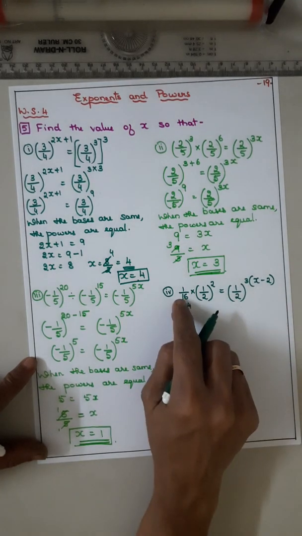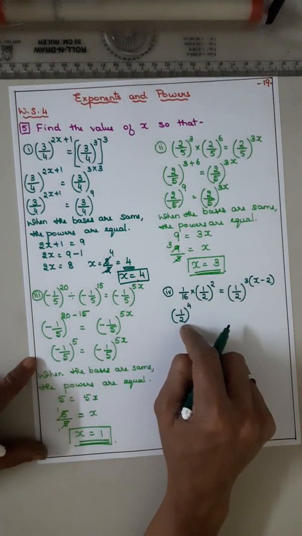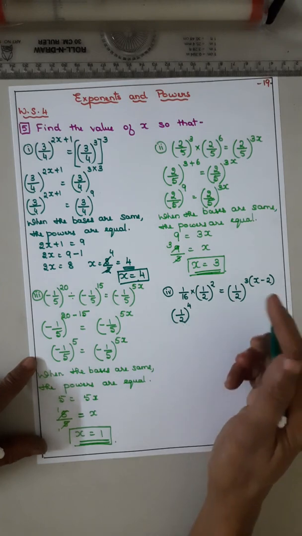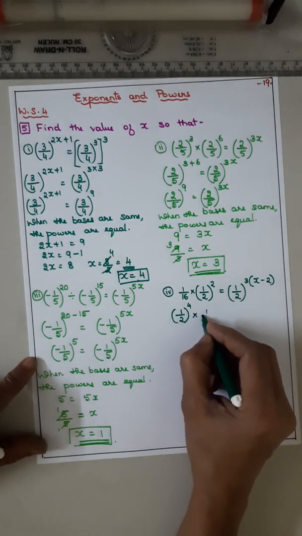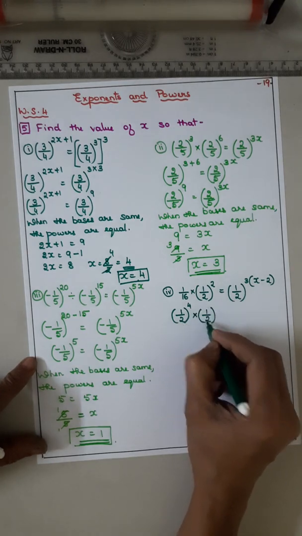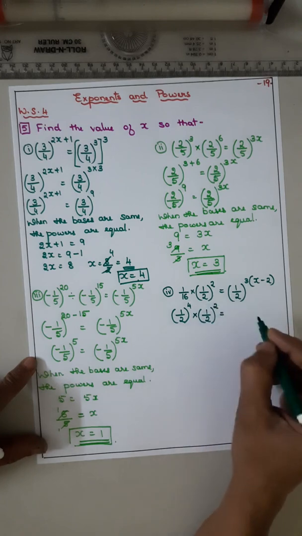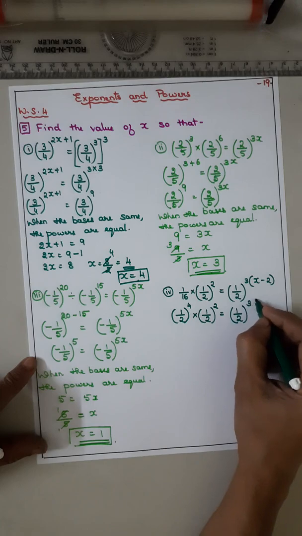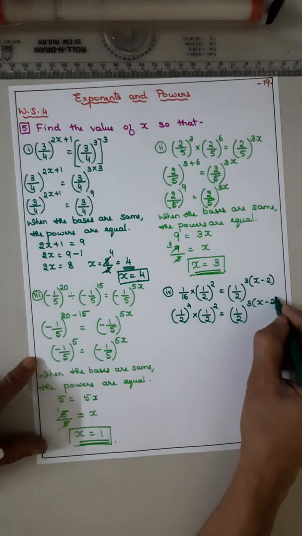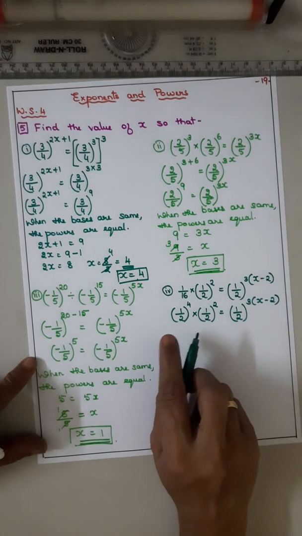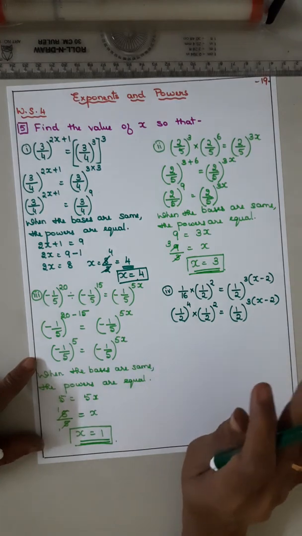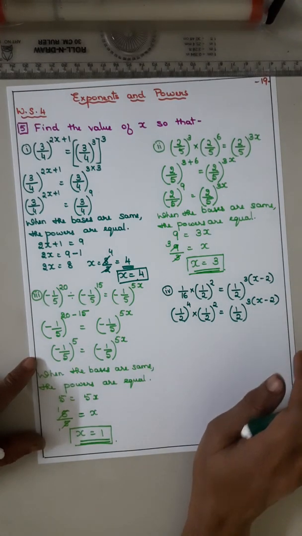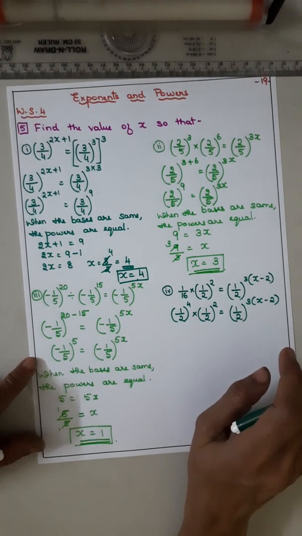So convert this into base 1 by 2, into (1/2) raised to 2 is equal to (1/2) raised to 3 bracket x minus 2. So first we should see that the bases are same, then only we can use the rule.